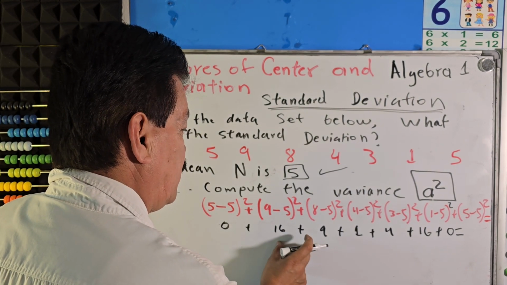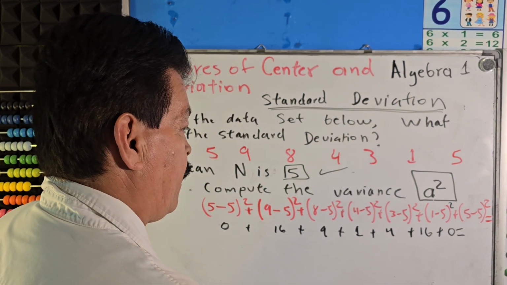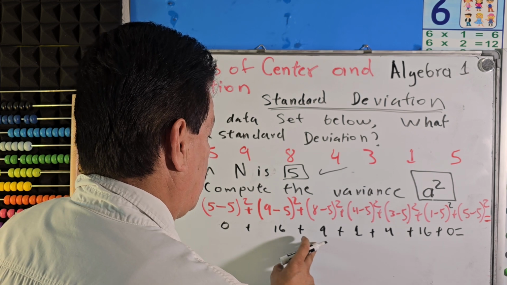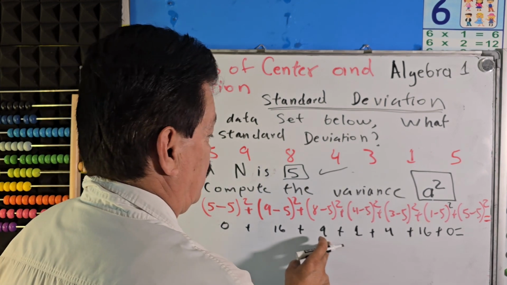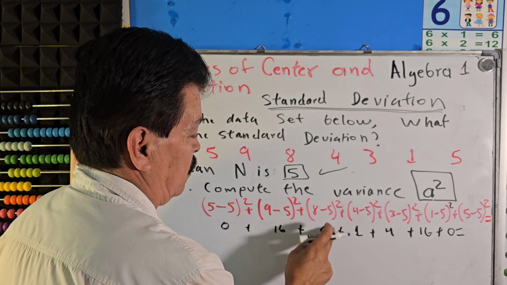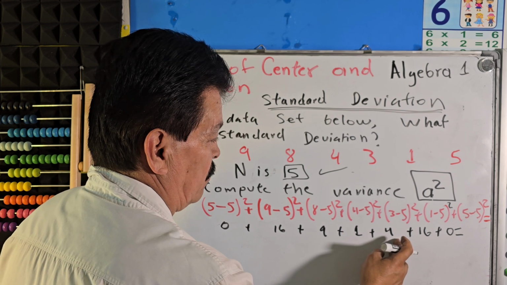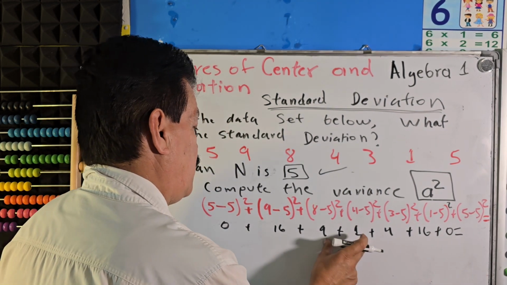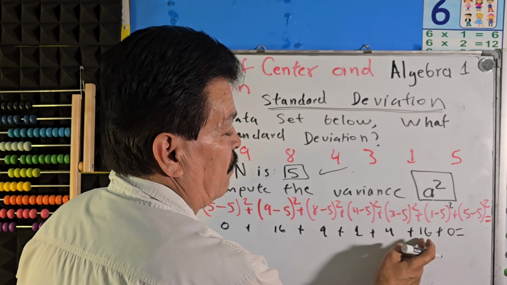Let's double check: 0, 16, 25, 26, 30, 46.